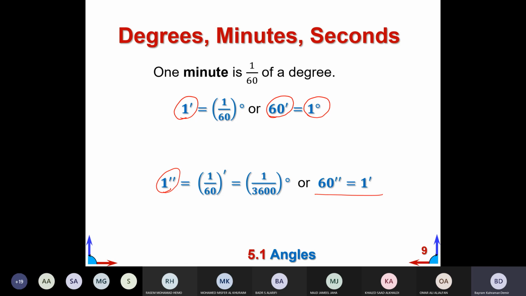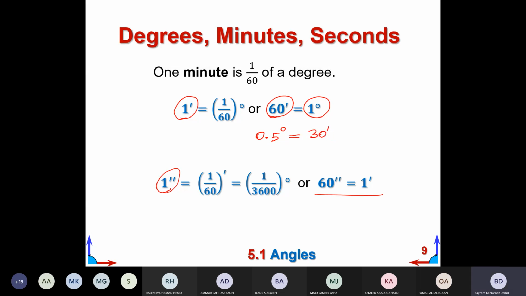Okay. So, for example, if I ask you how much is 0.5 degree, how can you write it, Shabab, in terms of minute? We can multiply it by 60. 30. 30 what?